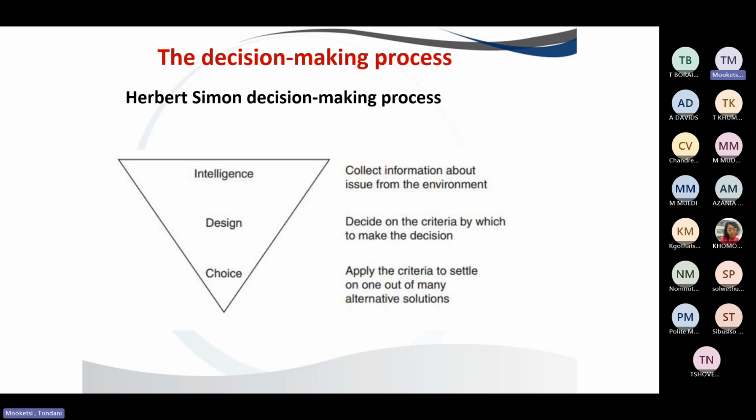So in the banking loan example, this is where you will define the criteria, how a person qualifies for a loan for X amount, and then apply the criteria and settle on one out of many alternative solutions. So this is a step-by-step on how decision making happens in organizations.